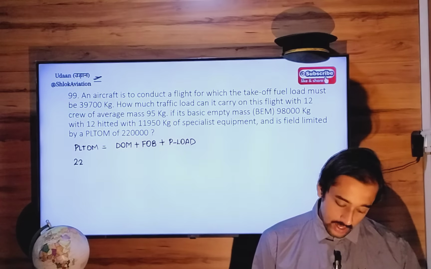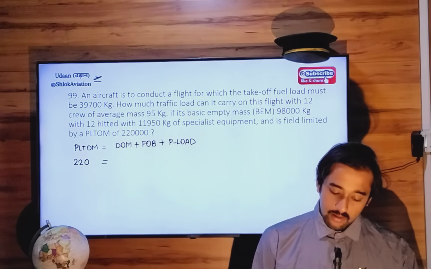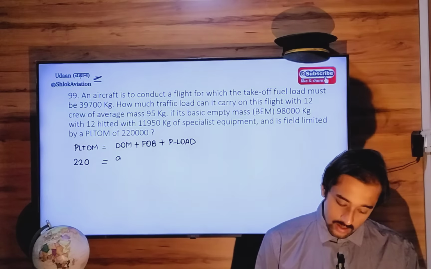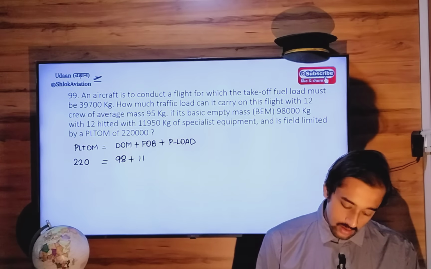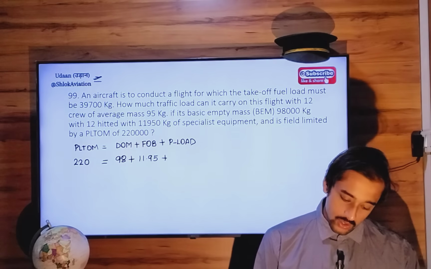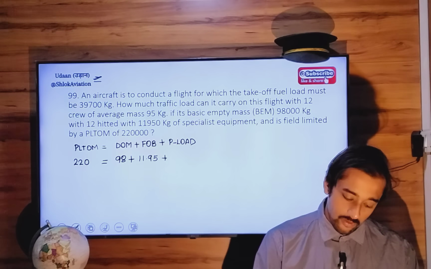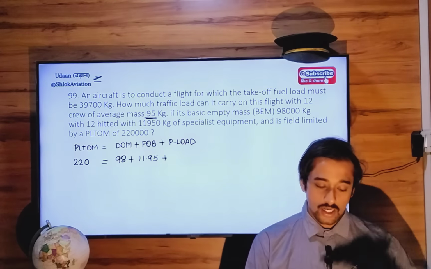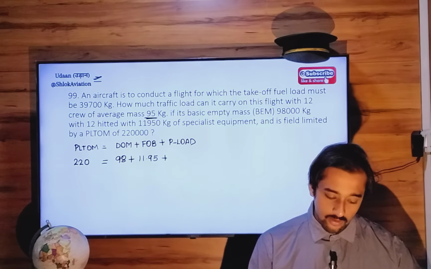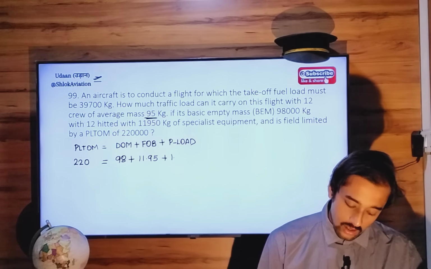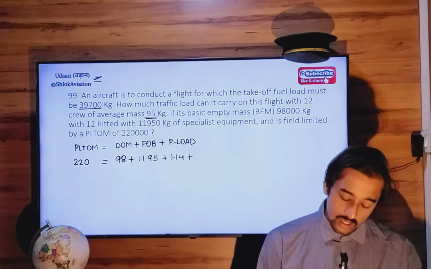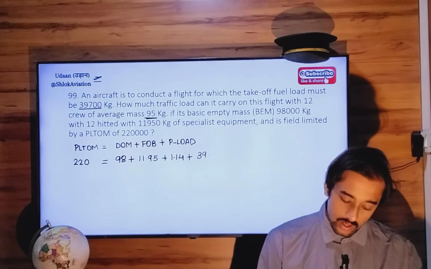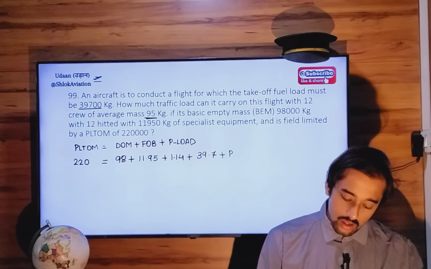Takeoff mass is 220. Dry operating mass is basic empty mass plus special equipment plus crew. So there are 12 persons weighing 95 kg each. So 12 into 95 is 1.14. Fuel on board is 39,700, so 39.7 plus payload.